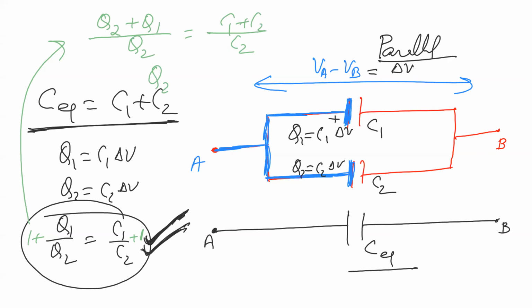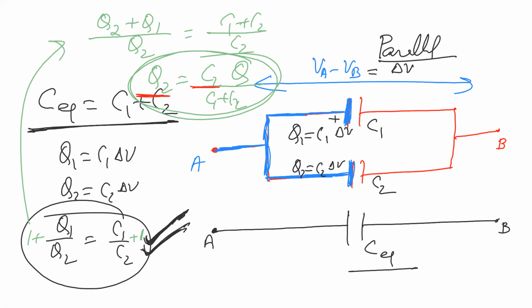From here, what will be the Q2 value? Total charge Q1 plus Q2 is Q, using this formula, Q2 is equal to C2 times Q divided by C1 plus C2. Try to understand these two terms: Q2 and C2 are directly proportional. And the other quantity is Q, total charge, divided by total capacitance.